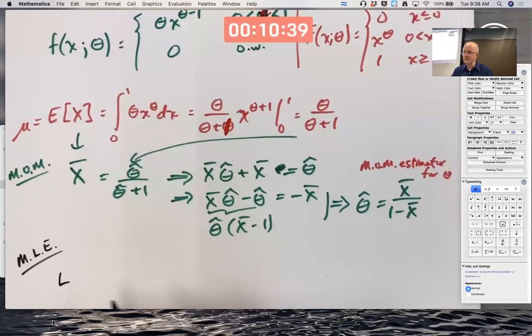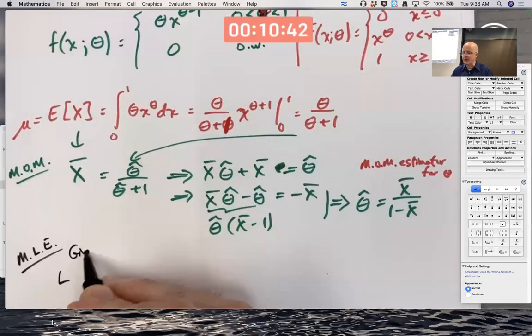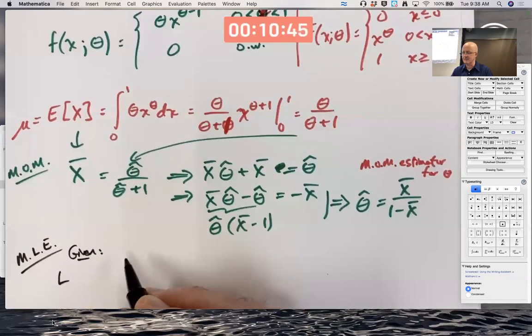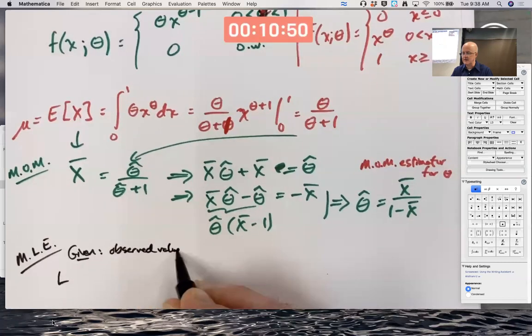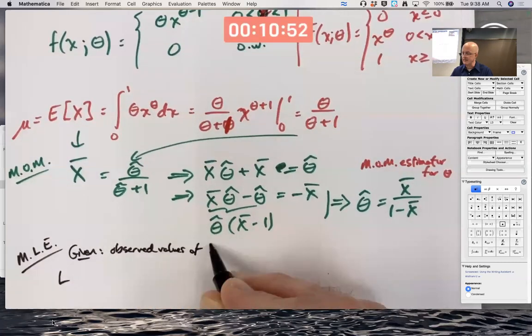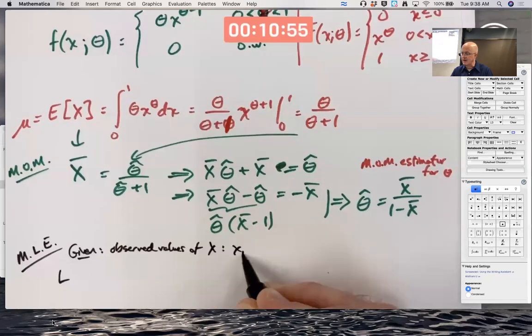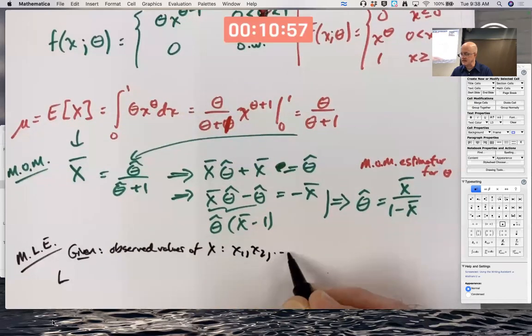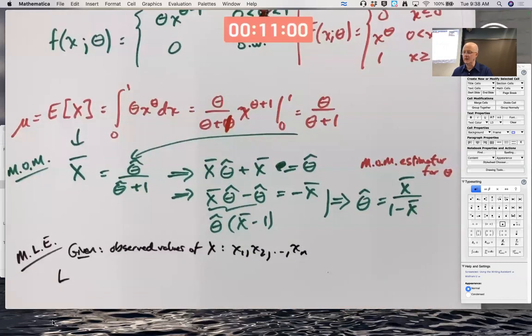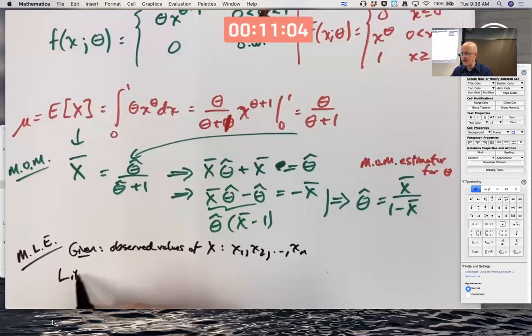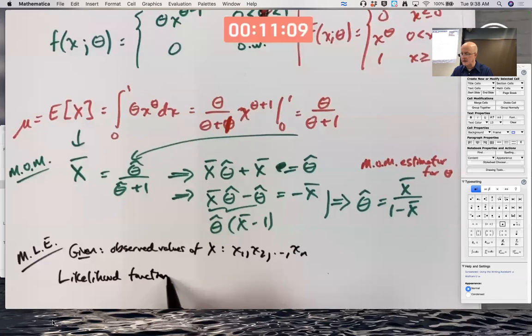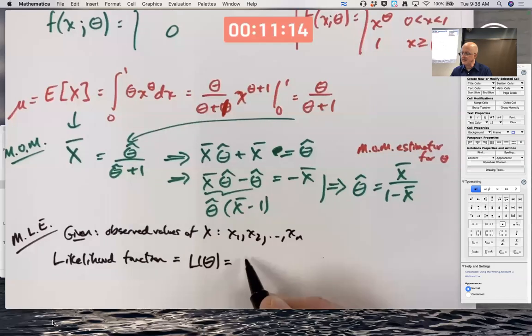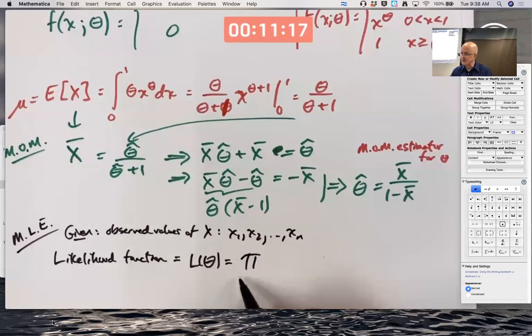The likelihood function, we're given, remember, data, observed values of X from a random sample, X1, X2 through Xn. Notice these are little x's. The likelihood function L of theta is the product of the PDF values.